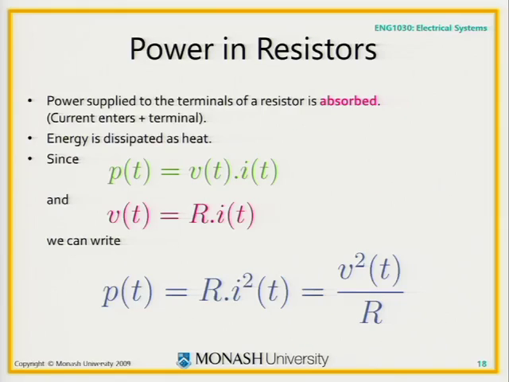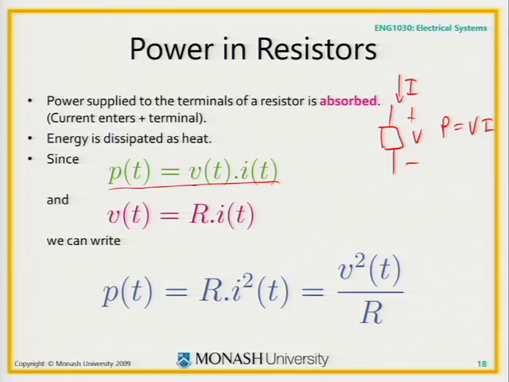So what's the power in a resistor? Remember that power we calculate for any circuit element. Here's a circuit element, here's the voltage, and here's the current. We said that the power was equal to VI, which you've practiced a couple of times now. It's exactly the same for a resistor.